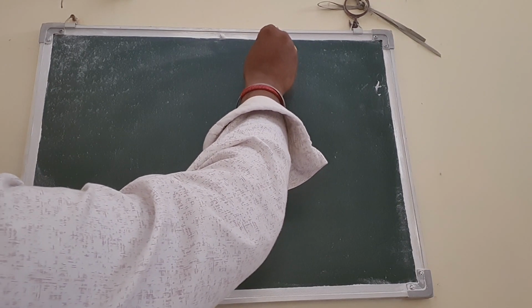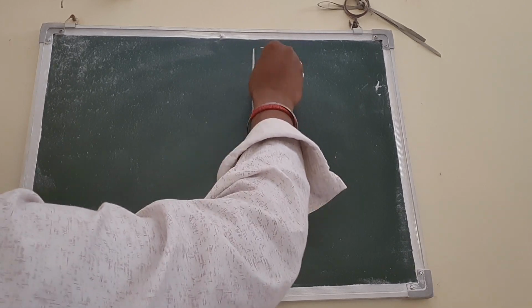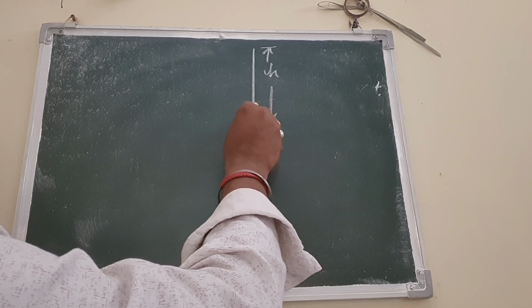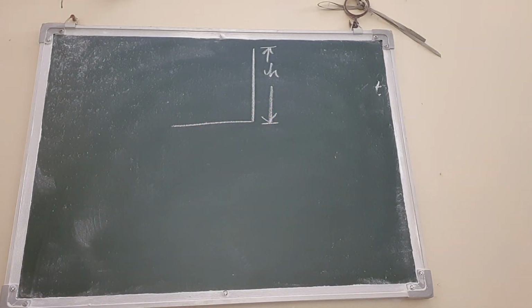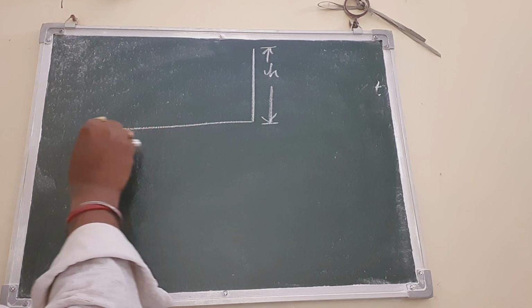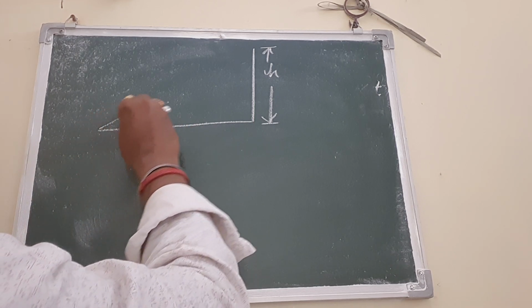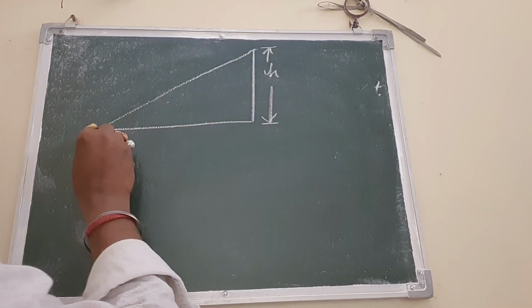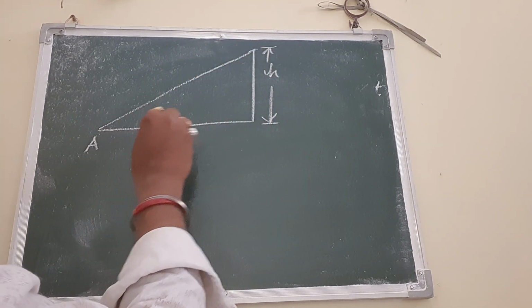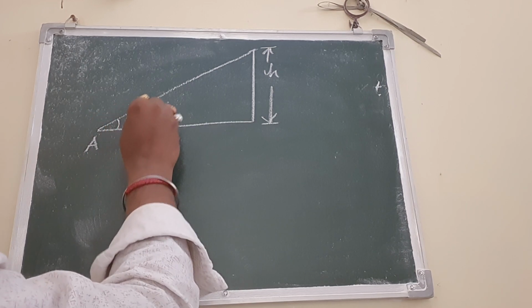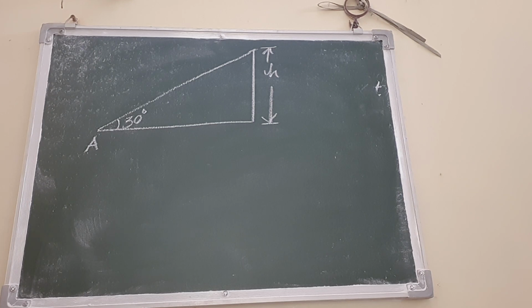This is having a height of h from the ground, and here there is a ship which is coming to this cliff, and at this point, suppose this point is A. Here it is making an angle of 30 degree. The ship is making an angle of 30 degree with the top of the cliff.